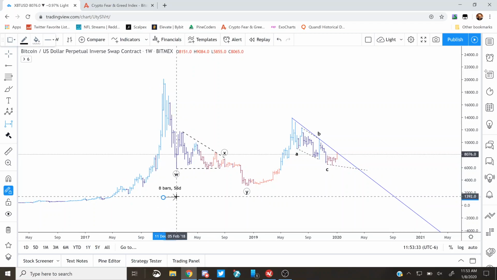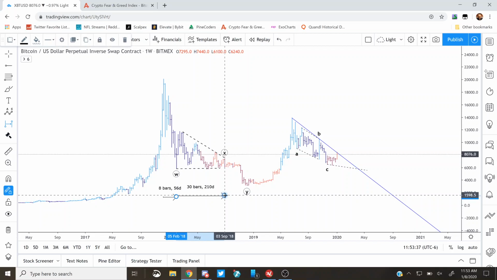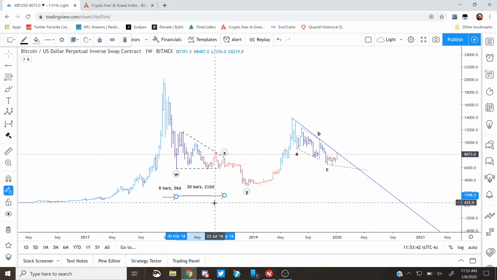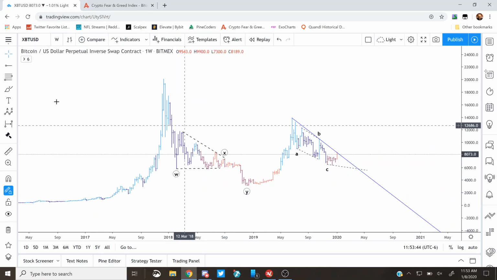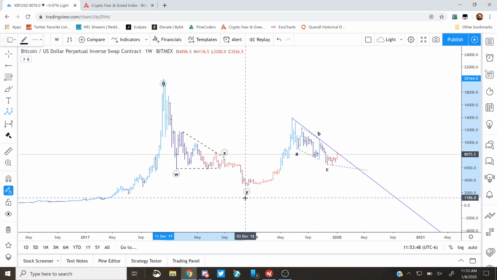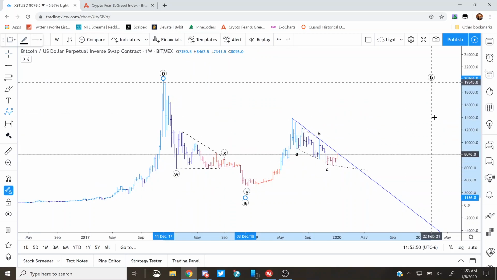In terms of time, 56 days versus 210 days. For me, I have this all labeled as an A wave of a larger correction.